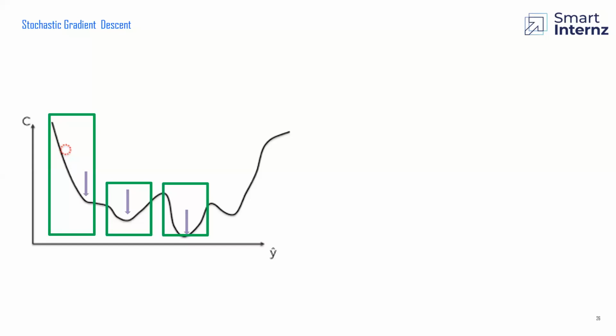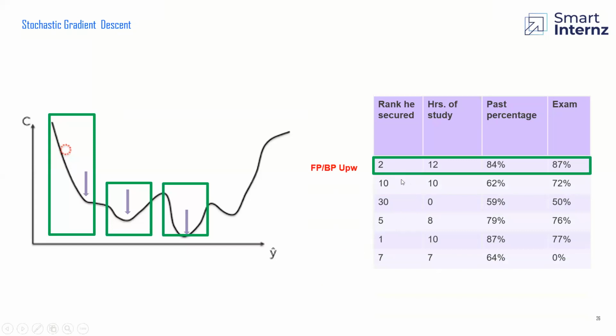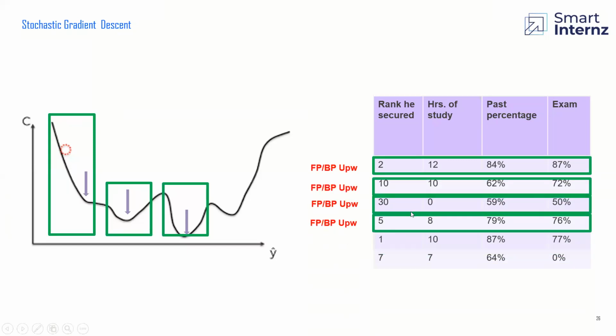Due to the frequent updates, it is also treated as a noisy gradient descent itself. So it can be helpful to find the global minima, and also it escapes the local minima. So this is how we have a different number of data. So we apply forward propagation and backward propagation.